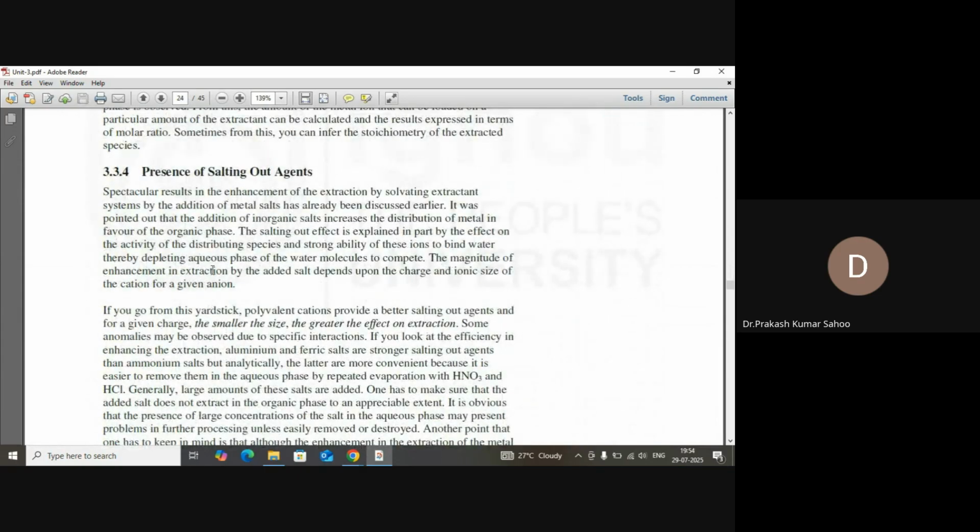Presence of salting out of salt, like the production of table salt or rock salt NaCl from seawater. This phenomenon is known as salting out of salt.